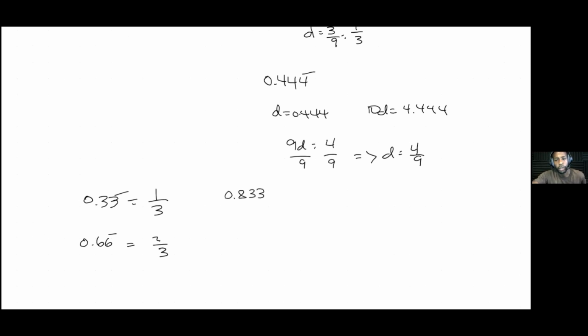0.8333 repeating. So let's actually calculate that one. If D is equal to 0.833, and then 10D is equal to 8.333, so on and so forth, then 9D is going to be equal to 8.333 minus 0.8333.